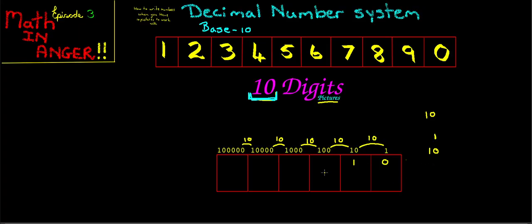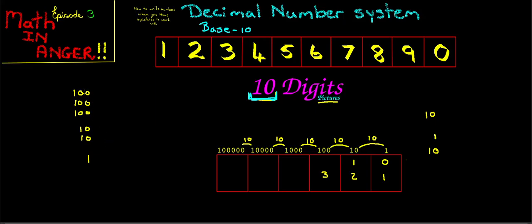If I draw this picture, what it means is I have 3 of these, two of these and one of these. And now you're going to say, yes, that's 100 and that's 10 and that's 1.